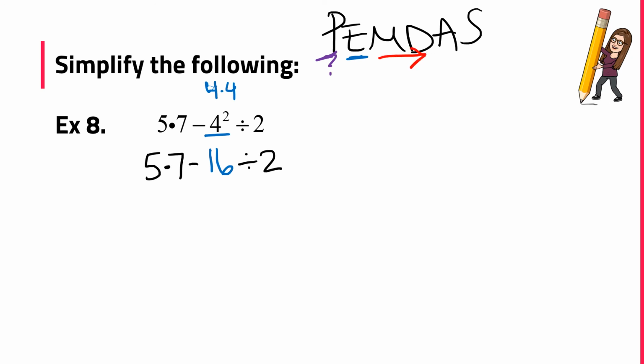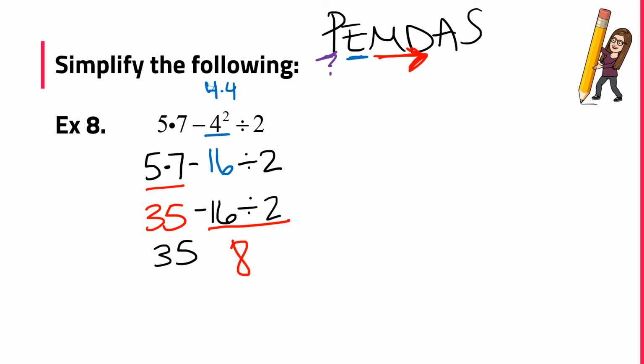Next, do I have any multiplying or dividing left to right? The first thing I see left to right is 5 times 7, 35. Bring down everything else. Ooh, I still have a multiply or divide. I've got 16 divided by 2. That's an 8. The 35 falls down and the minus falls down.